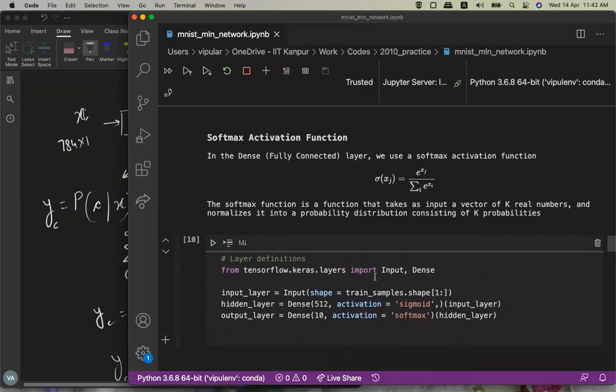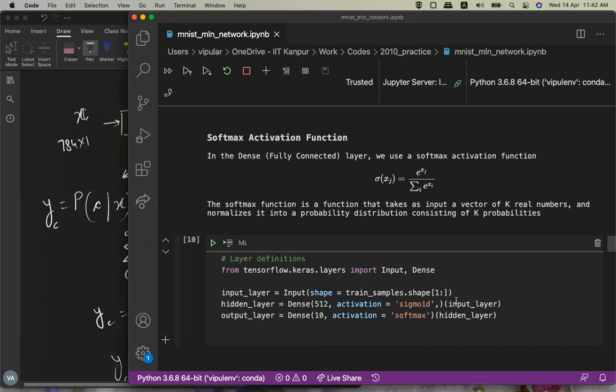So we use a function called Input in the Keras layers. We specify the shape of the layer, which is basically 784 cross 1. So this simply says this number is basically 784, and my input layer is defined.